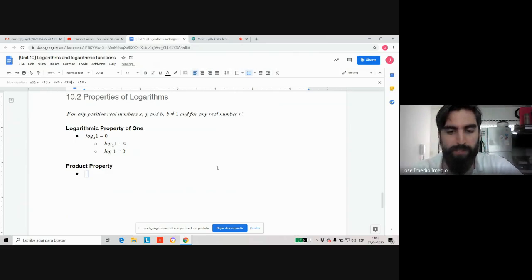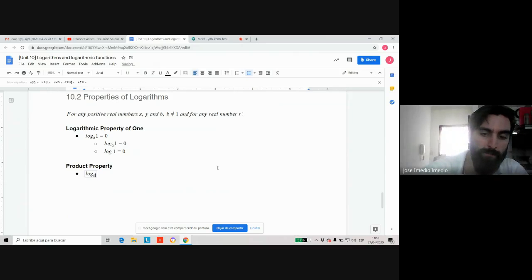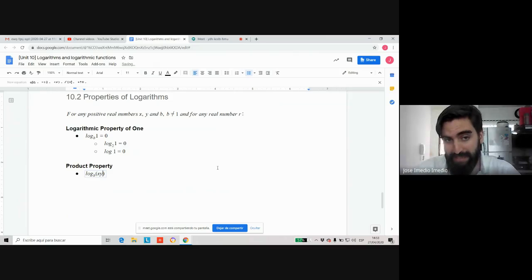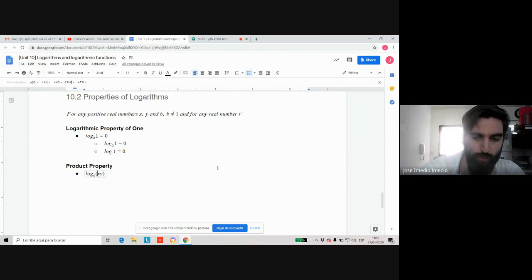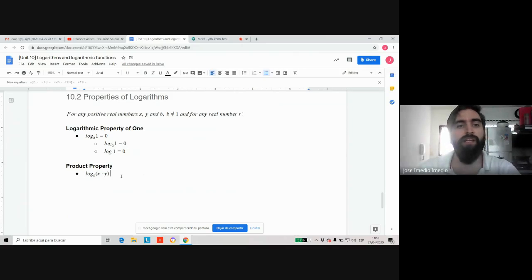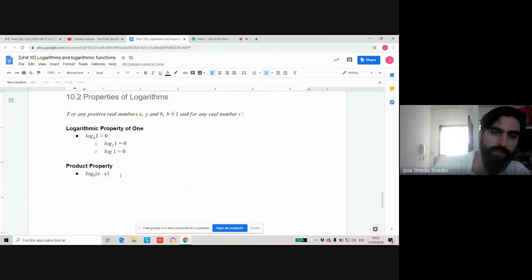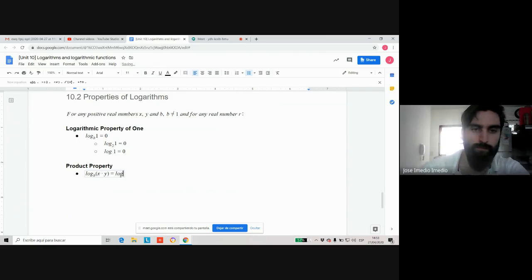This property says that the logarithm base b of x times y, and I'm going to write a multiplication sign here just to make it clearer, equals the logarithm base b of x plus the logarithm base b of y.